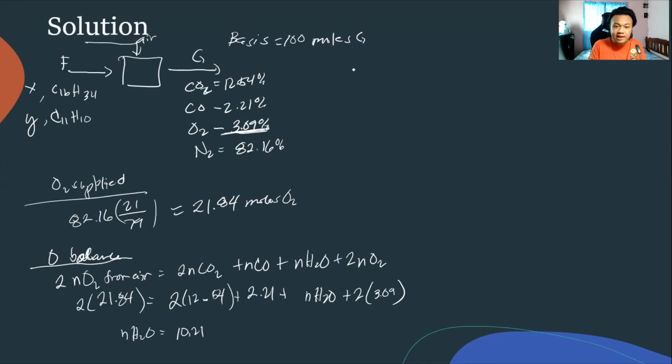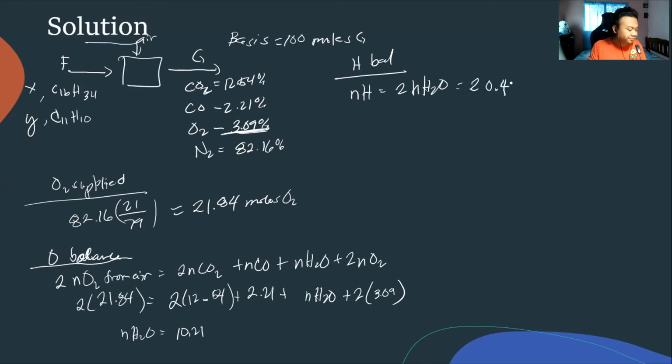Then we get the H balance aside. H balance is actually really easy. So 2 NH2O, so just multiply this by 2, you will get 20.42 moles H. Then we have our C balance. Don't forget, just add NCO and NCO2.